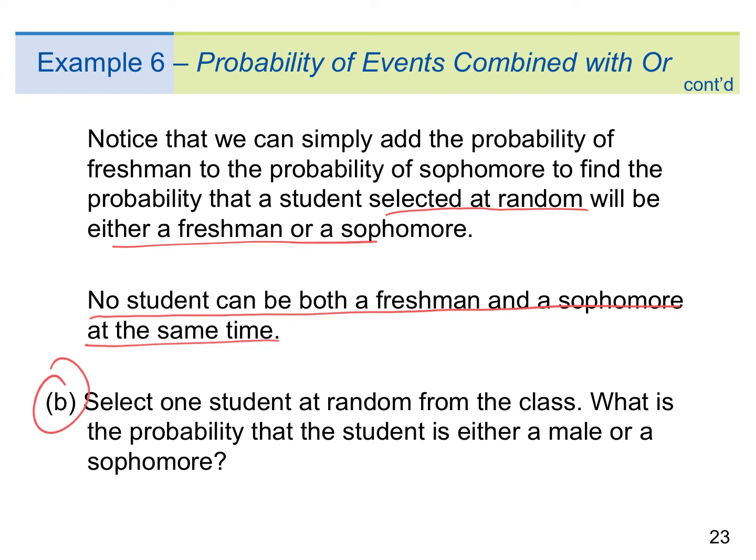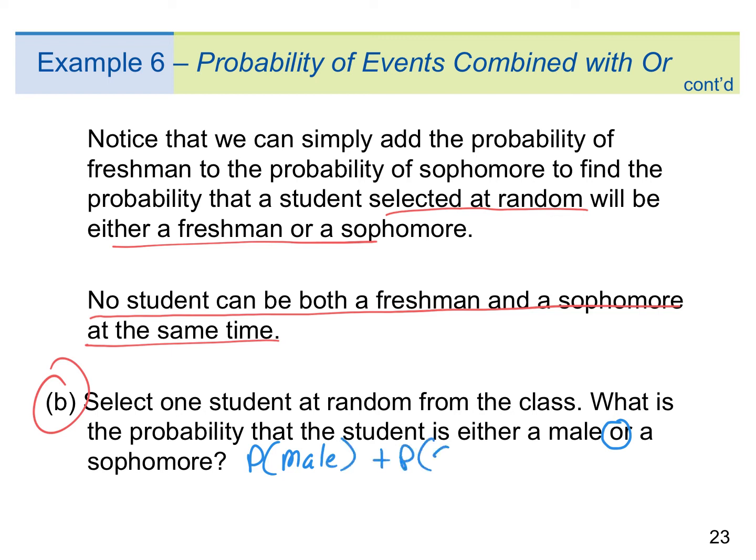It says, select one student at random from the class. Again, the one selection kind of pushes you towards an or. What is the probability that the student either is a male or a sophomore? Uh-oh. I can find the probability of a male. Or means plus.